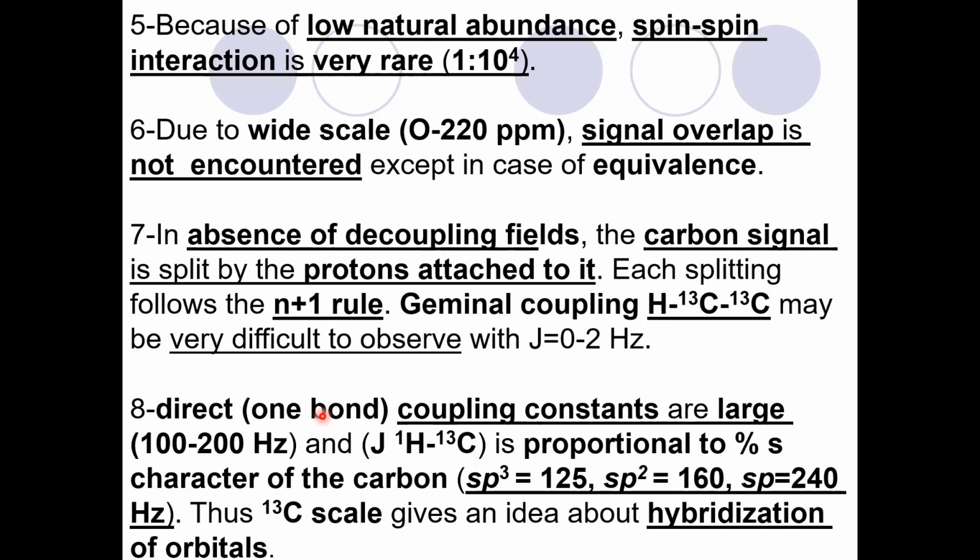The one bond coupling constant in carbon NMR differs according to the hybridization of the carbon orbitals. For example, for an sp3 carbon, the coupling constant will be 125 Hertz, whereas in an olefinic carbon it will be 160 Hertz, and for triple bond carbons it will be 240 Hertz. Therefore, the J value here gives information about the hybridization of orbitals.